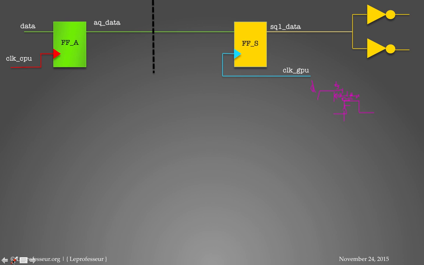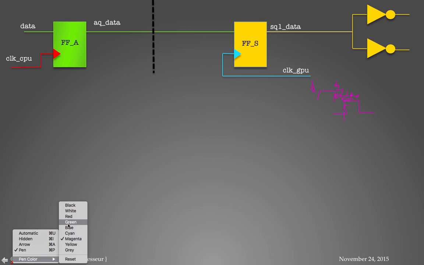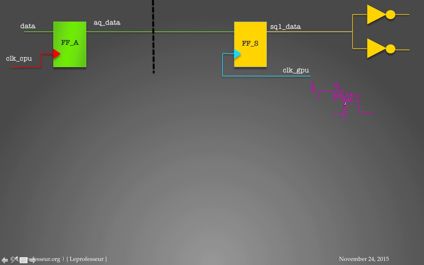So this is your rising edge, the setup window, some small time, and the hold window. It is a must requirement to meet the hold time requirement and setup time requirement.